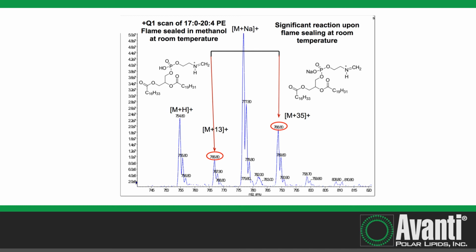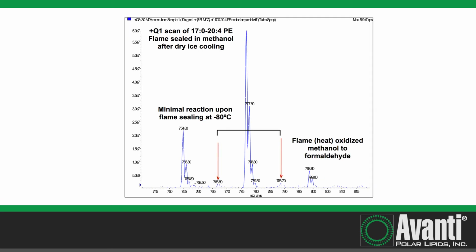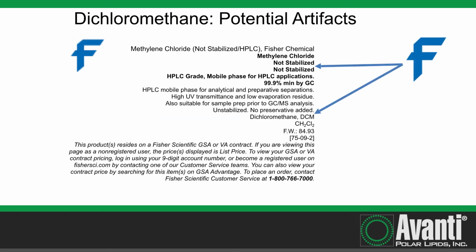And so these are the addition of formaldehyde to either the sodium adduct or to the protonated adduct here. And now if you cool the solution before you heat flame sealing, you can minimize that. So that's how Avanti gets away from these artifacts. And it's an important thing in case you seal your samples by flame techniques.